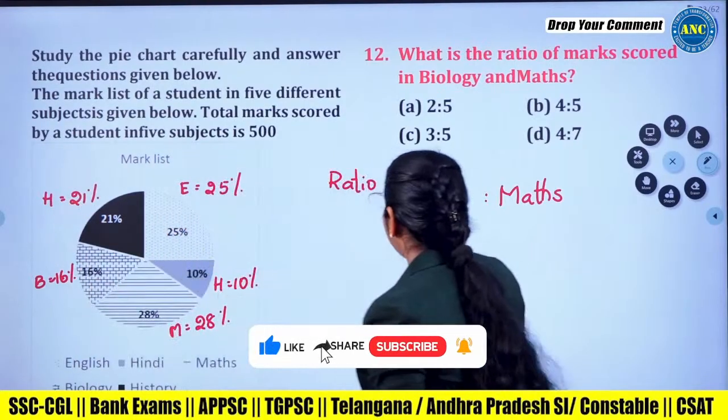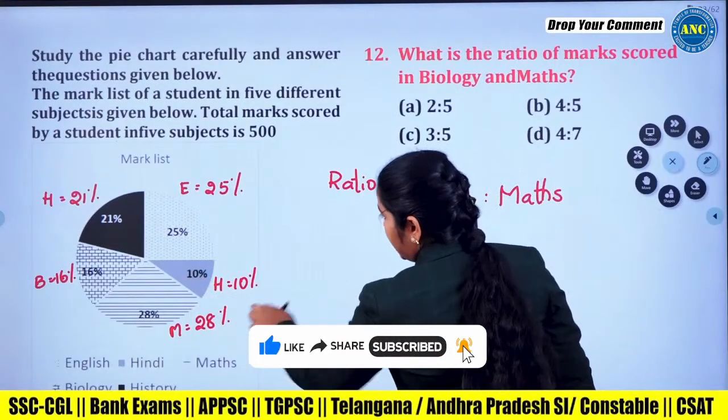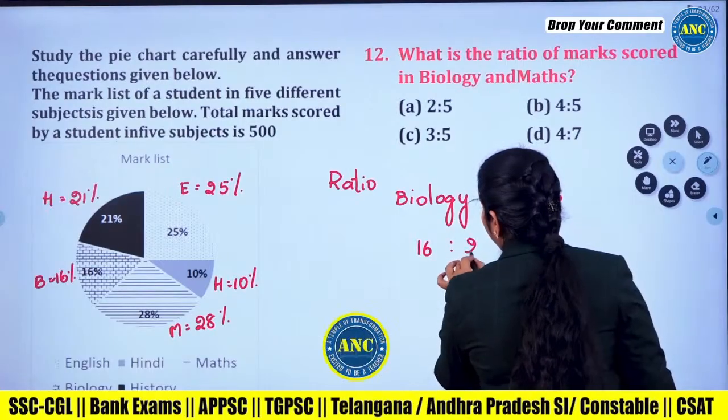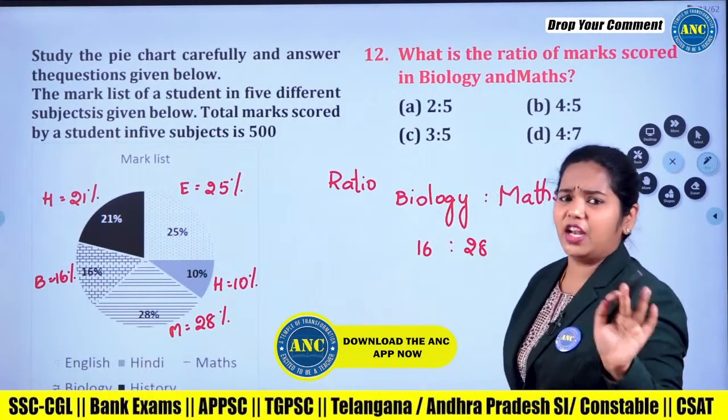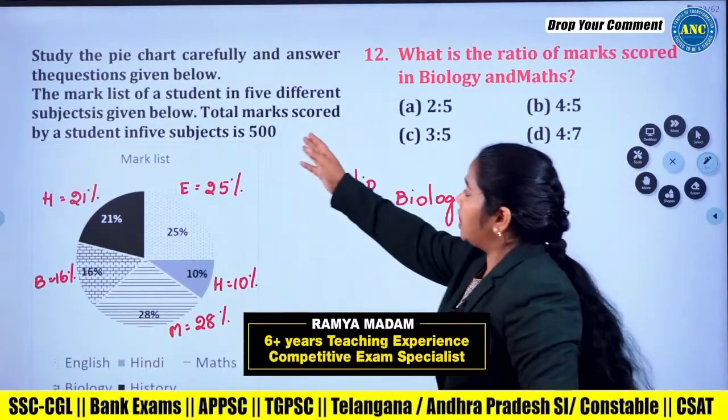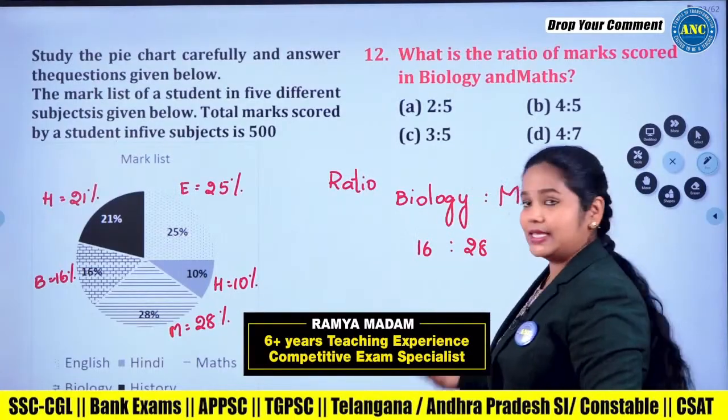We need the ratio of biology and maths. Biology is 16%, maths is 28%. Remaining all we need not write because percentage gets cancelled. If you take the total value also, both sides they get cancelled.